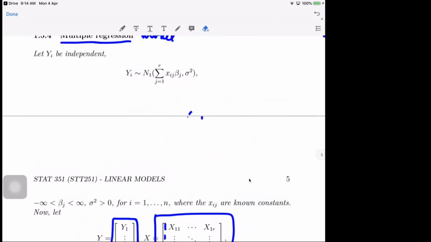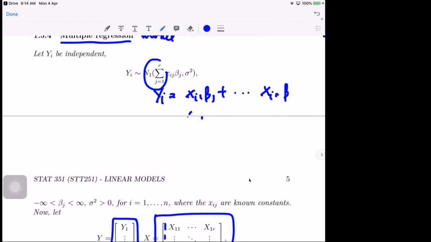So if you expand this, it is just y i equal to x i1 beta 1, and so on and so forth, up to x ir beta r.